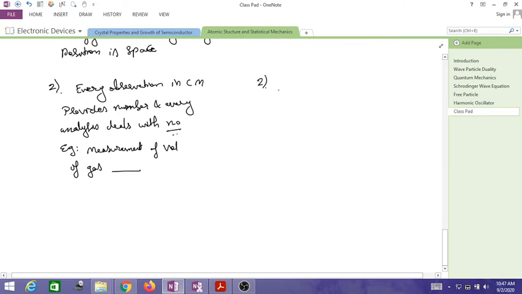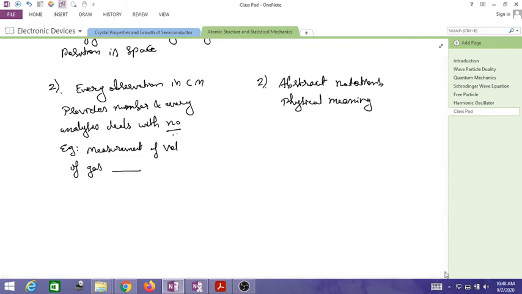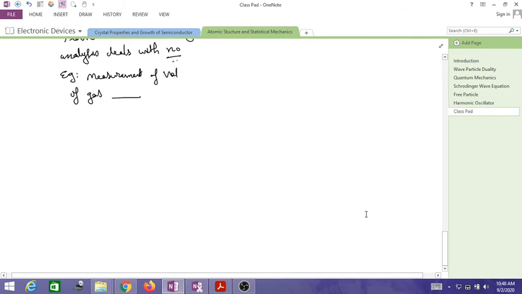Whereas quantum mechanics follows only abstract notations, which may have immediate physical meanings.